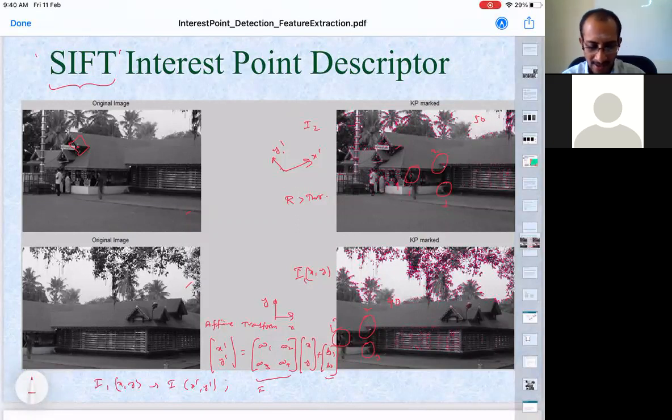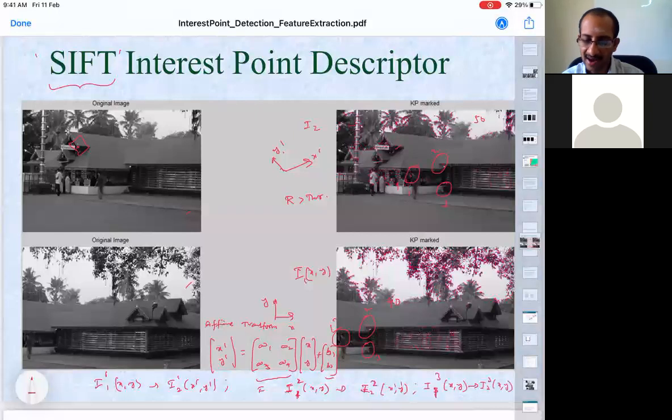Similarly, I11, I12 at x comma y is matched with I22 at x dash comma y dash, and I13 at x comma y is matched with I23 at x dash comma y dash.